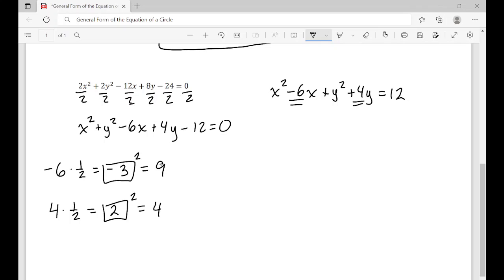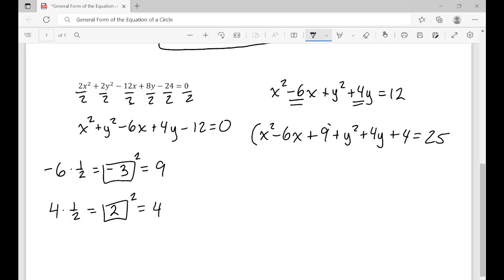So now I'm going to add 9 and 4 to both sides of the equation, but make sure to put 9 and 4 in a specific spot. So x squared minus 6x plus the 9 here, plus y squared plus 4y plus 4 here, equals 12 plus 9 plus 4, which is going to give me 25 again.